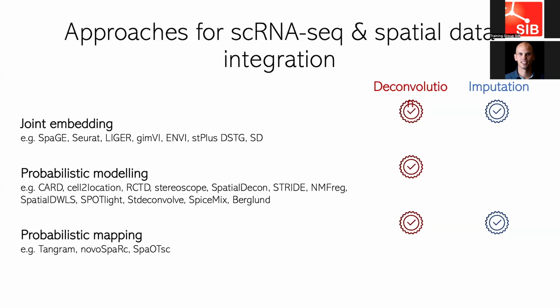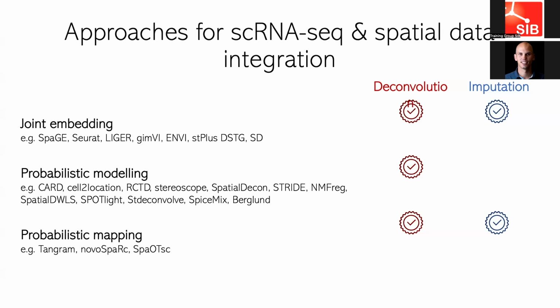You can look for any spatial cell at the closest single cell data and then borrow gene expression information from there. Or you can do deconvolution of the spatial spots. You can model the gene expression that you observe in space, given profiles that you learn of cell types from the single cell data.